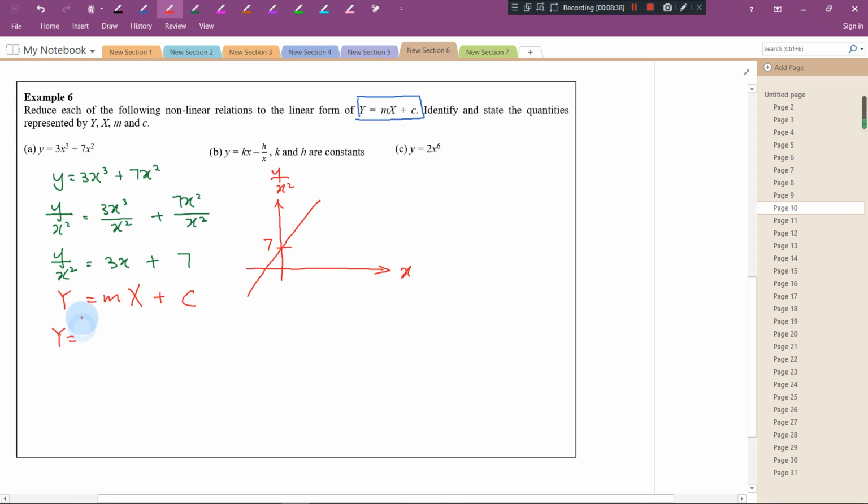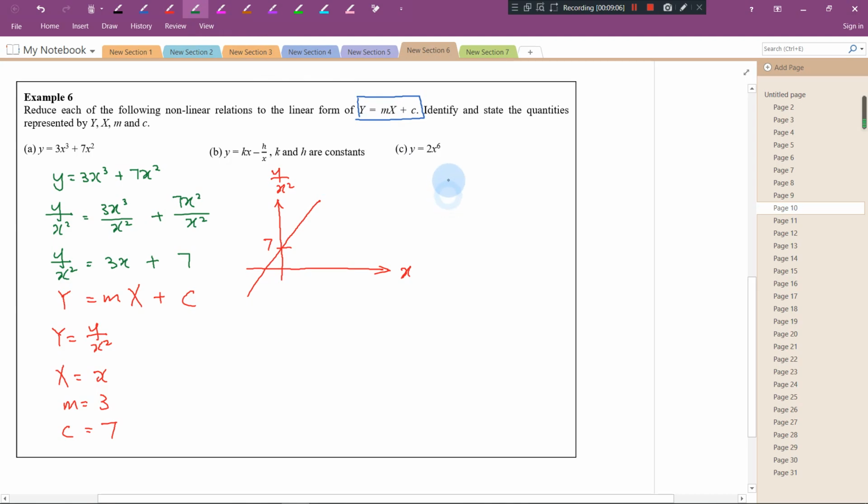So the big Y is y over x squared. The big X is still x. The gradient of this graph will be 3, and the y-intercept will be 7. Okay, let me check. 3, 7, y over x squared, and then x. Yes, correct.